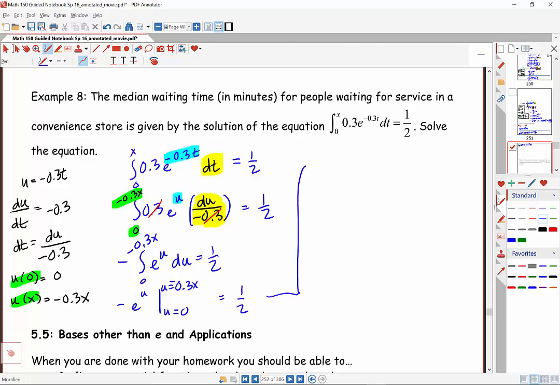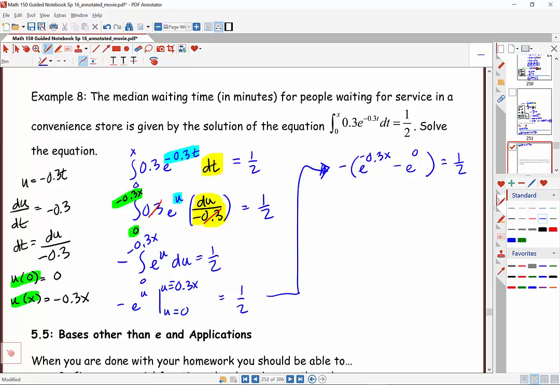So, working both sides of the equation, we'll have negative e to the negative 0.3x, and then minus e to the 0. That's all equal to 1/2.